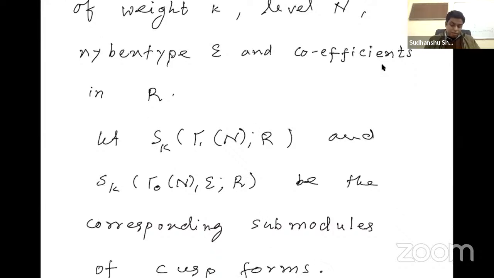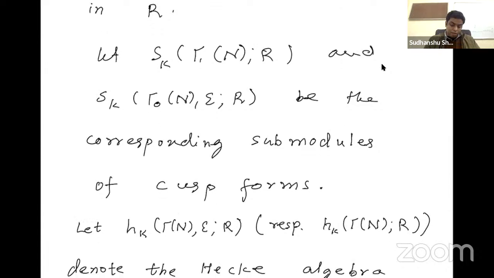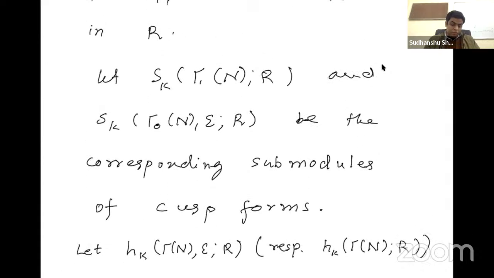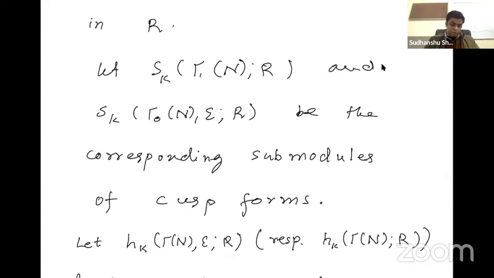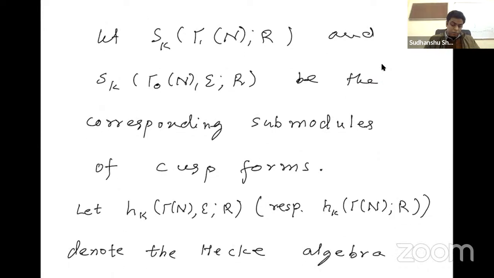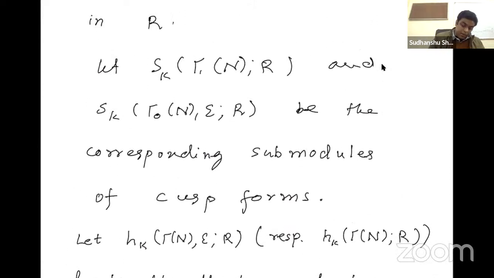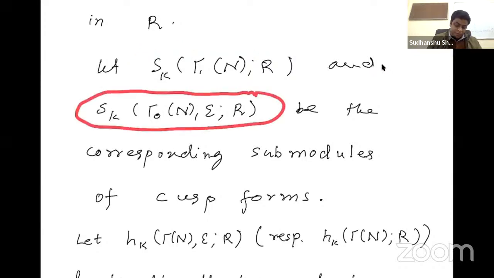So they are those forms with zeroth Fourier coefficient to be 0, and I denote by S_k(Γ_1(N), R) and S_k(Γ_0(N), ε, R) the space of cusp forms.